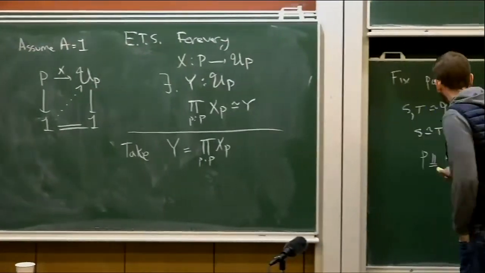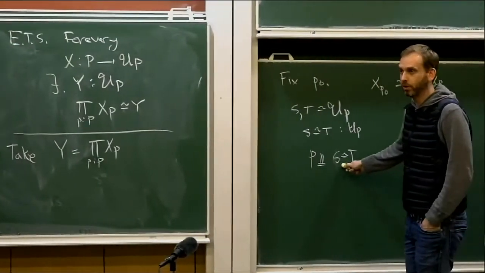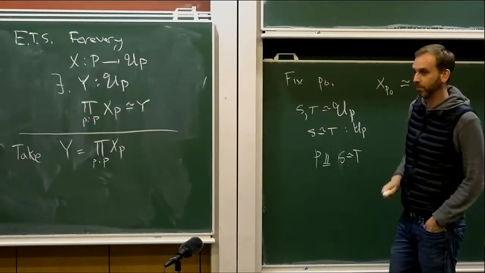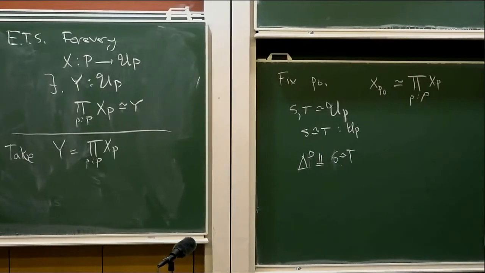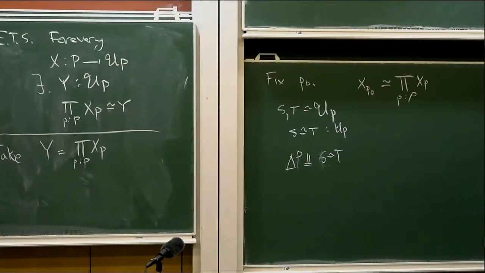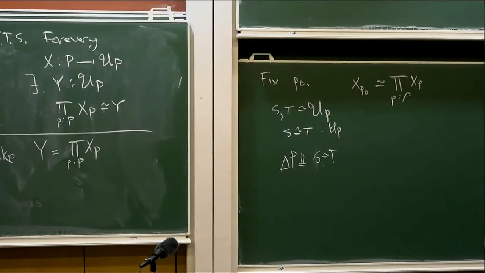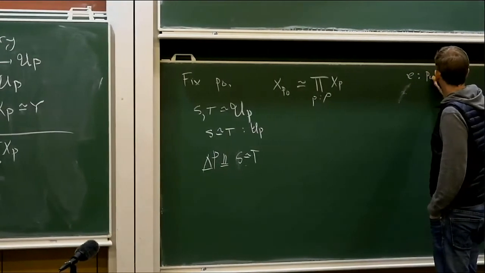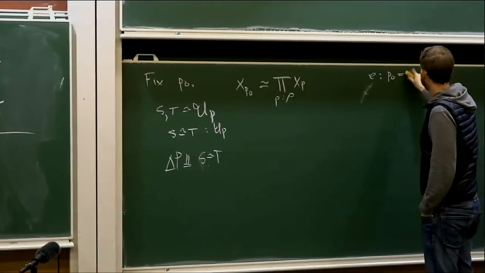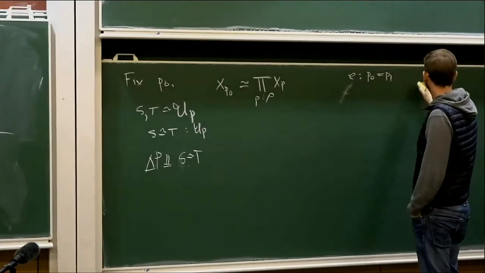So because equivalences are modal, and because delta P is less than P, equivalences are also orthogonal to the diagonal of P. That's the first step. But now let's suppose that we have two elements of P and they're equal. Then I have the map app.